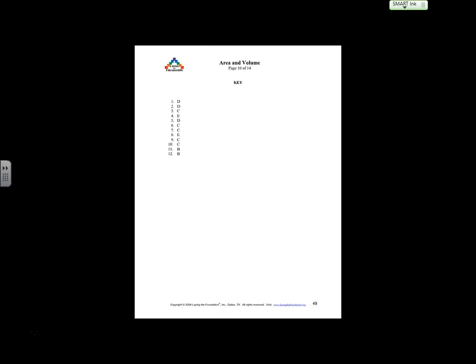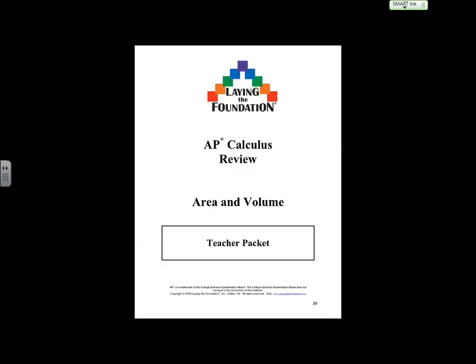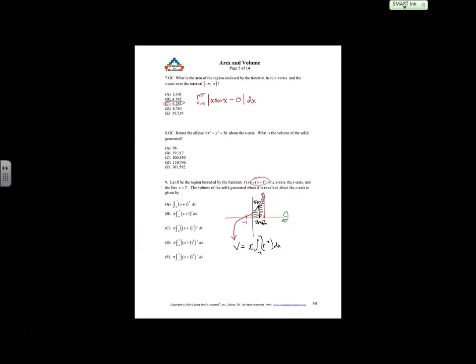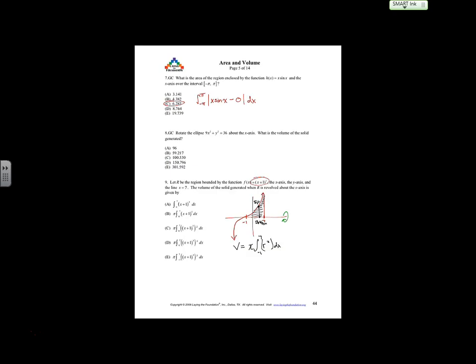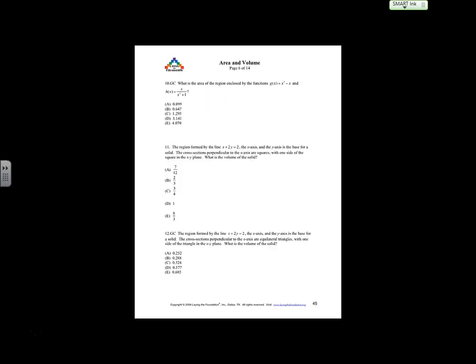Okay, what questions do we have on area and volume? Can we do the 11 question? Yeah, we can do whatever. What do you want? 6. 11 and then 6. What else? Any FRQ-ish ones? Can we do 8? Yeah. Just call them out, guys. You don't need to raise your hand. The FRQ is number 1.